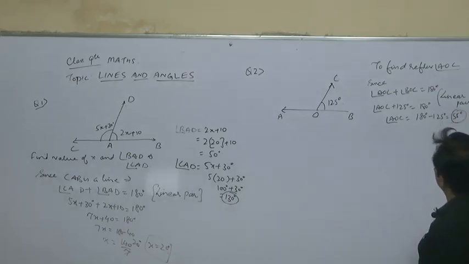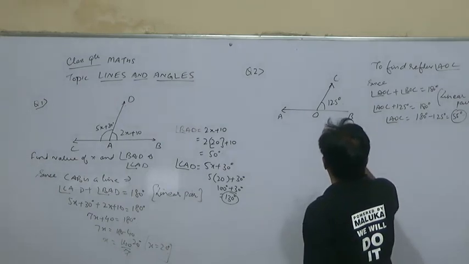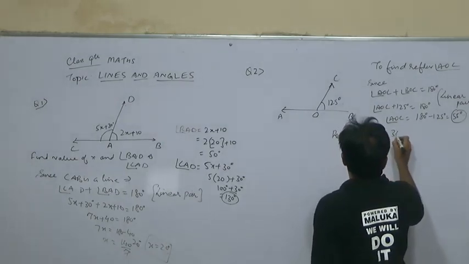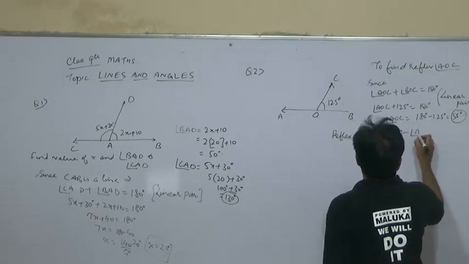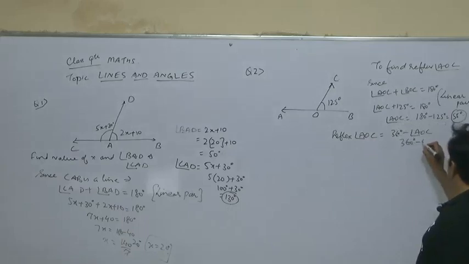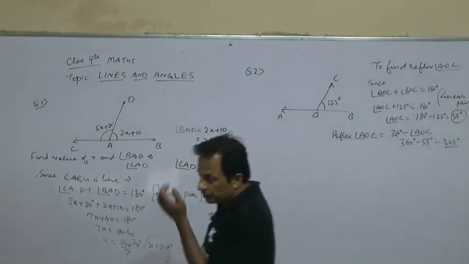So this is AOC. Now we want to find reflex AOC. Reflex AOC is equal to 360 degree minus angle AOC. 360 degree minus 55 degree is 305 degree. So this will be the required answer.